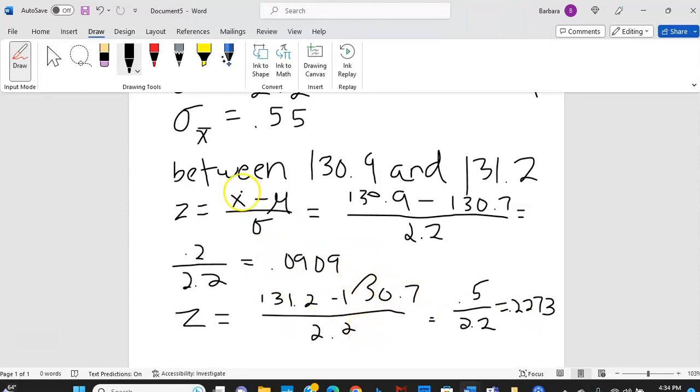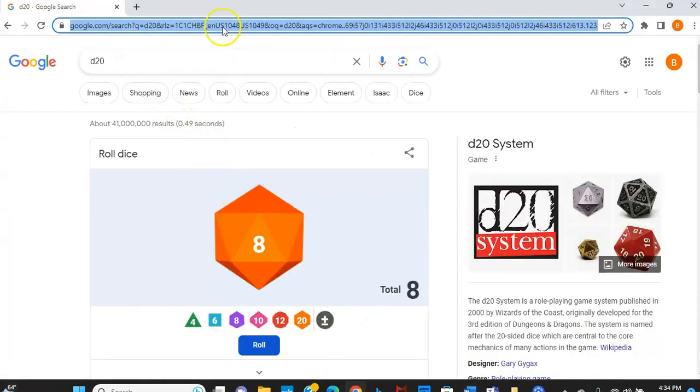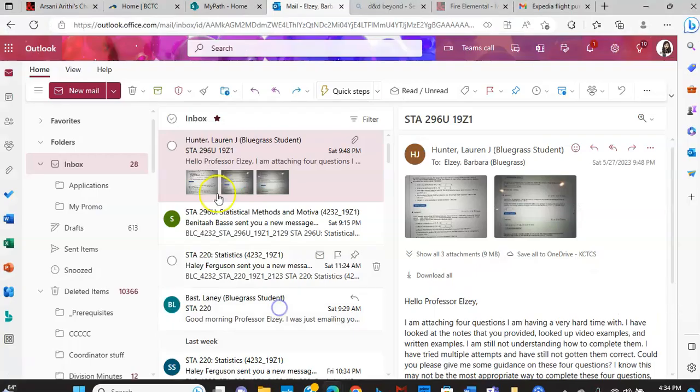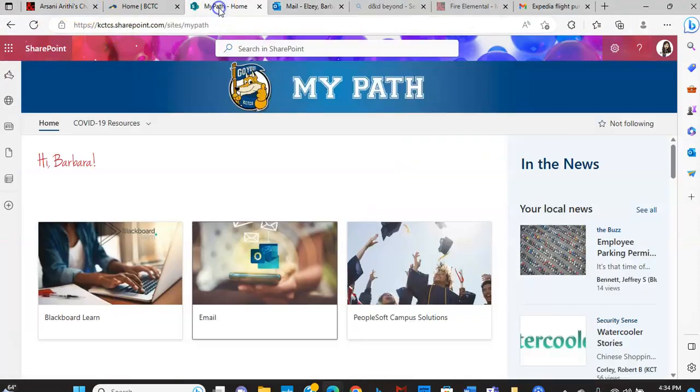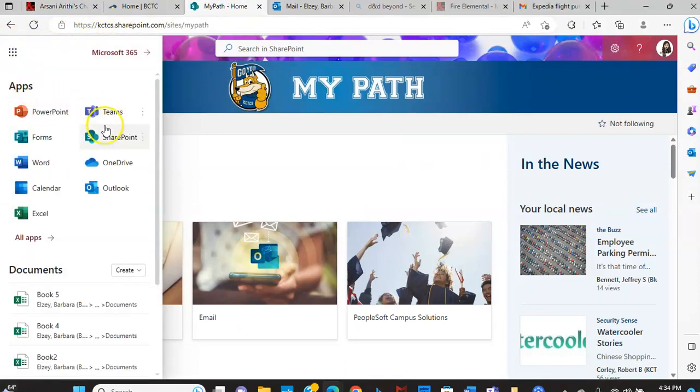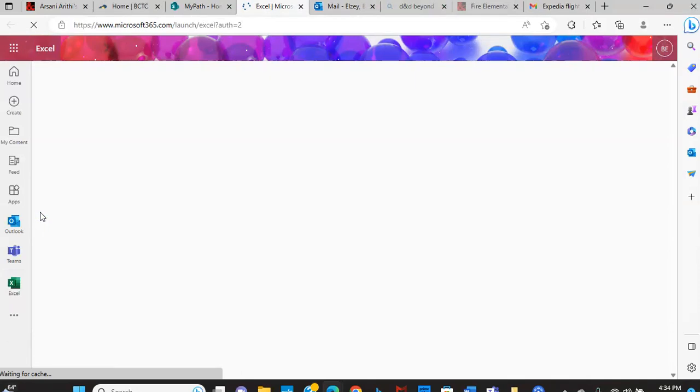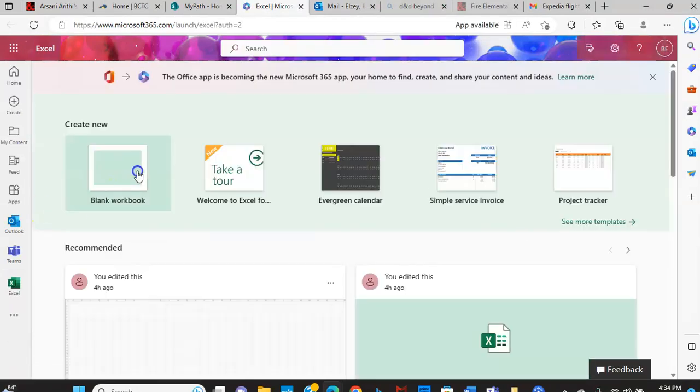So I'm going to go ahead and pull up Excel, and I may not have it open. Let's go over here. Okay. And I'll go ahead and pull up an Excel document.